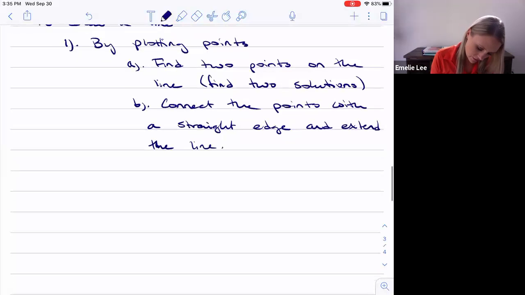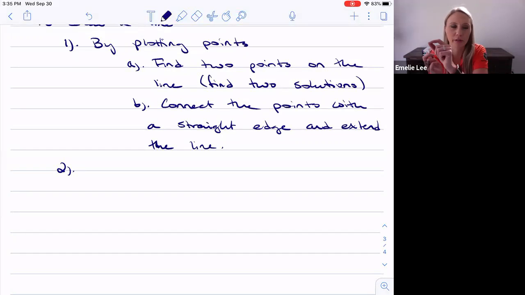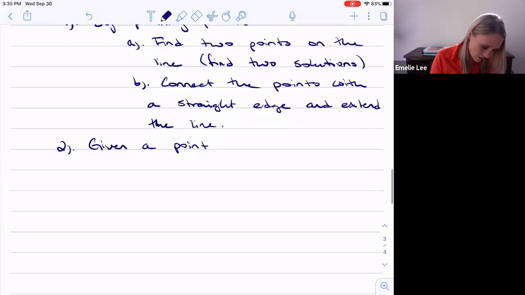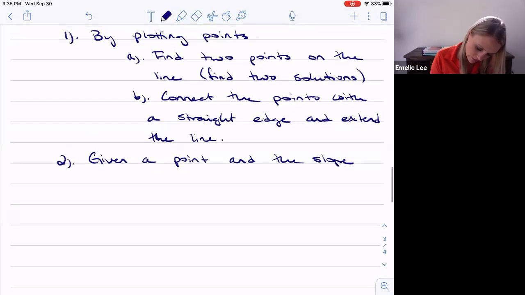Then the other option is if you have a point and the slope, then you can draw that point and then use the slope to Tetris your way over to where you want to go. So given a point and the slope, we're going to plot the point.